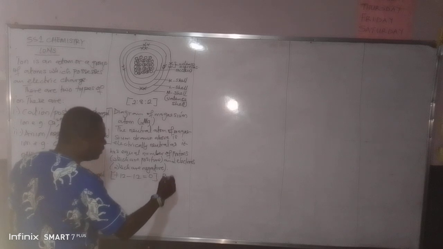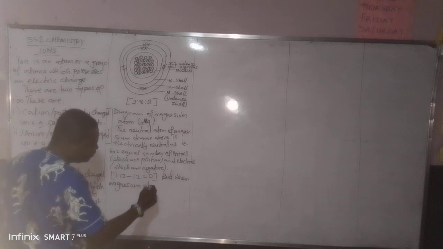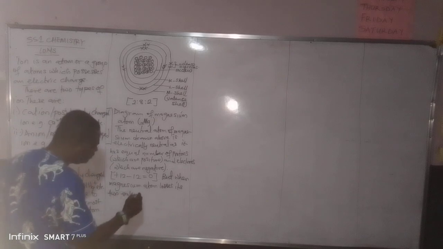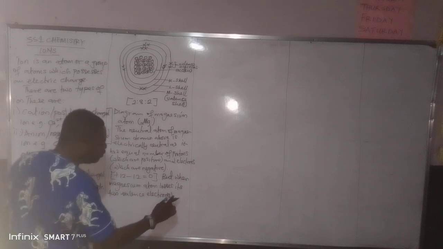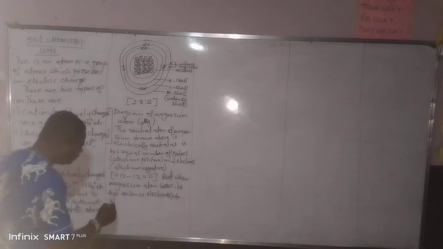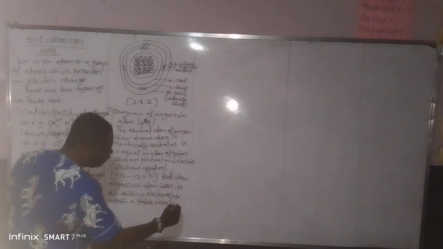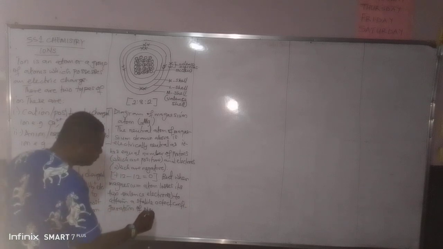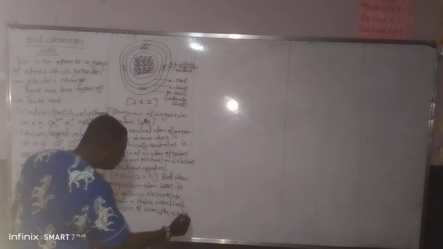But when the magnesium atom loses its 2 valence electrons, to attain a stable octet configuration of neon, Ne 10, a noble gas, then something will happen.